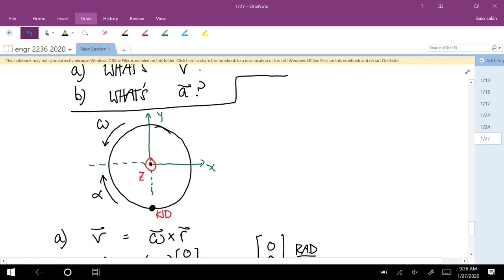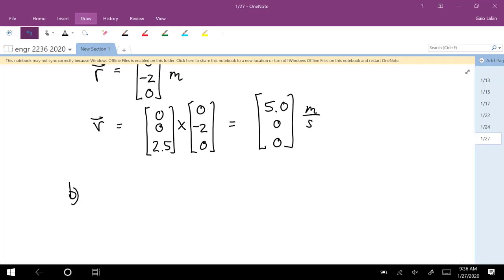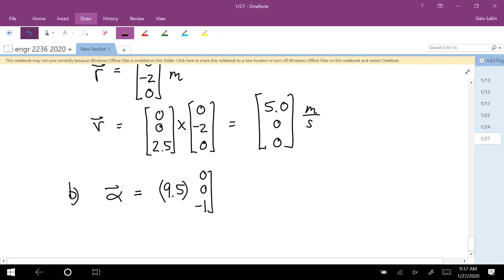Since it's slowing down, the angular acceleration is this way. Use the right-hand rule, and that means it's going into the page. So you can think of the angular acceleration vector as 9.5 times 0, 0, negative 1, and so you get 0, 0, negative 9.5, in radians per second squared.